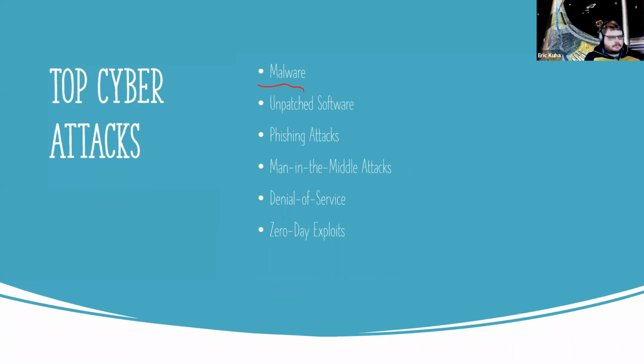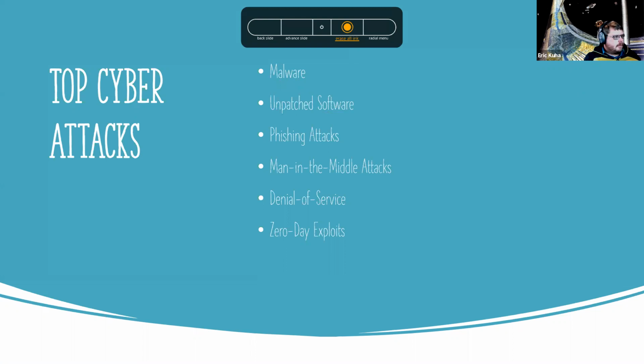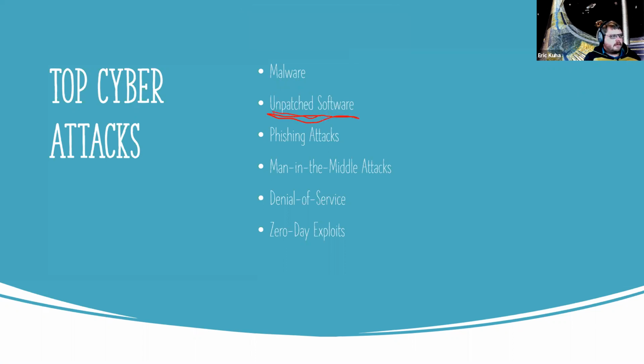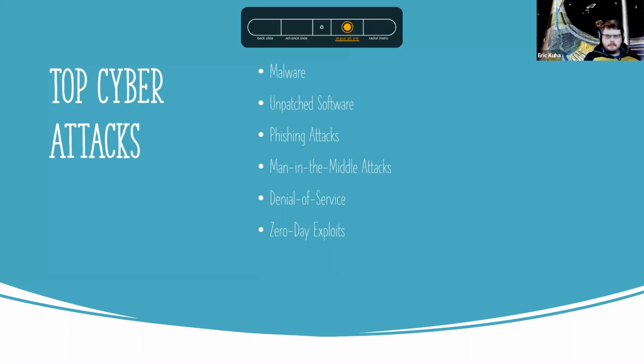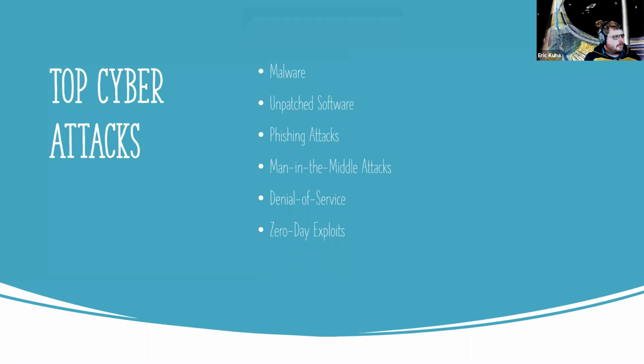A bunch of different ways they do it and a bunch of different modes of attack, but it's all basically software on your computer that is bad, hence the word mal, Latin or Greek or something for bad. Unpatched software is another: attacking an exploit on some software that is known to be problematic or have some sort of vulnerability.